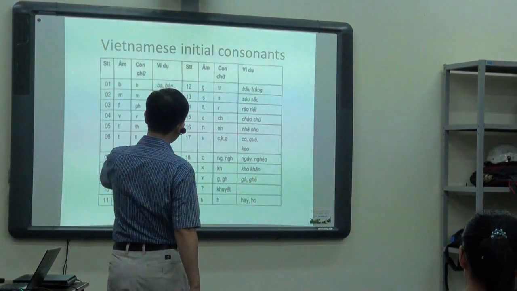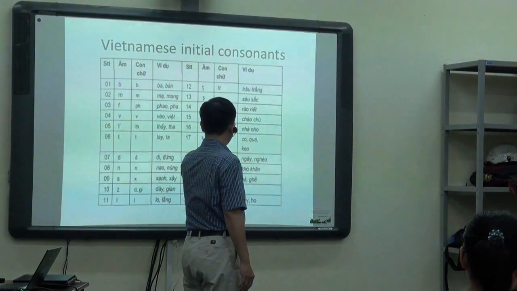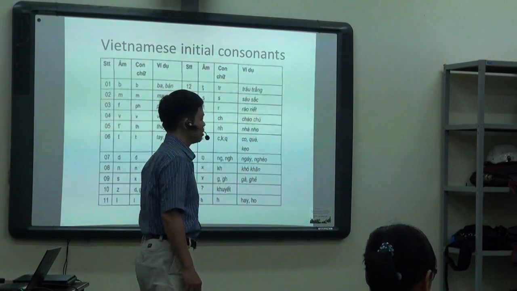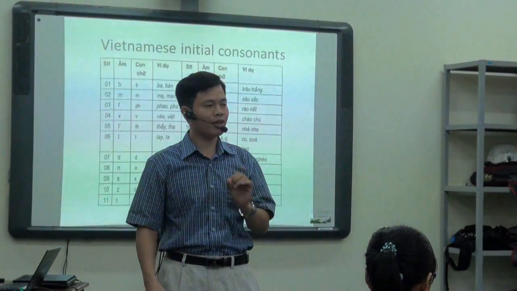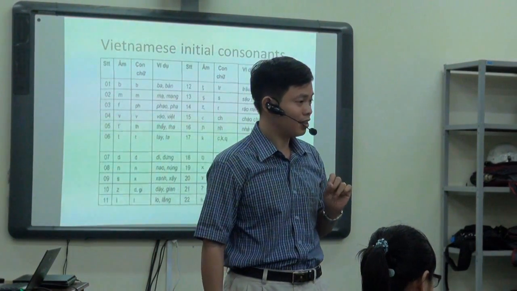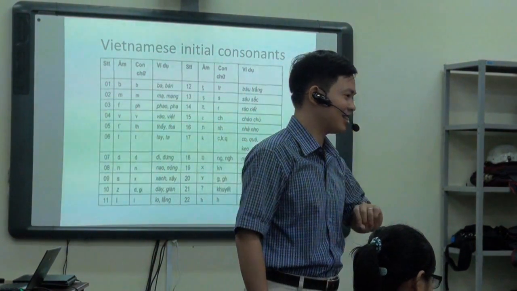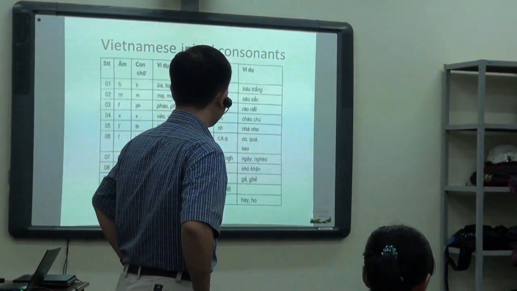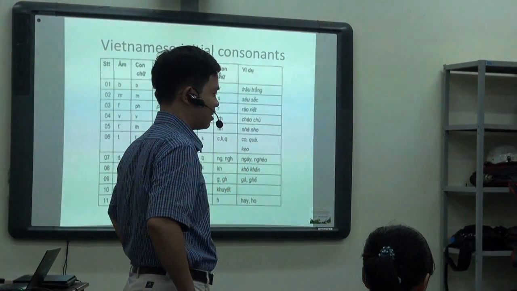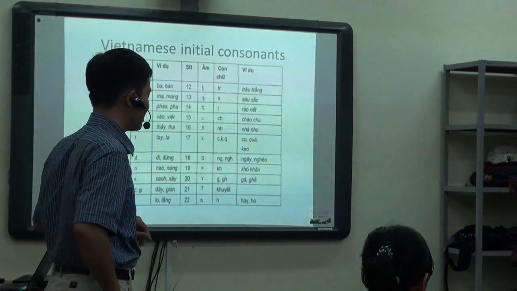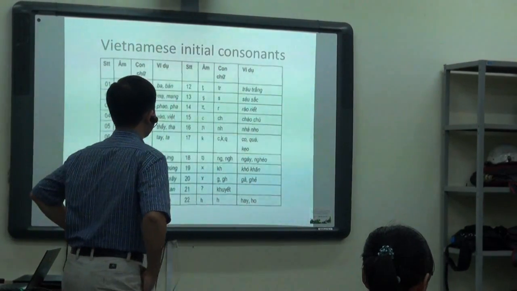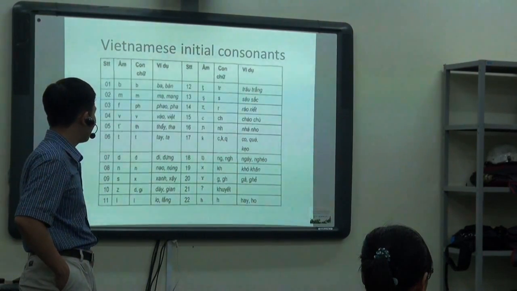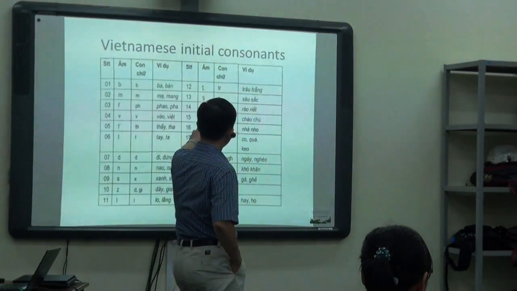We also have consonants that do not exist in English, like ch, or châu chẳng, chúc chắc. But now we tend to assimilate that with ch, chúc chắc, sâu sắc. This sound is quite difficult, right?